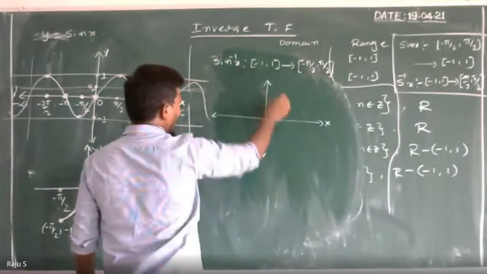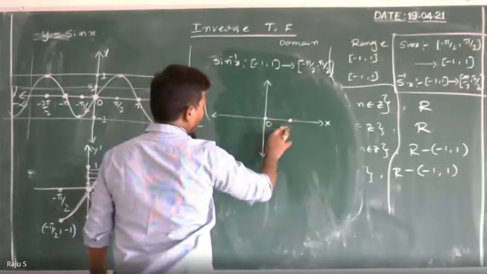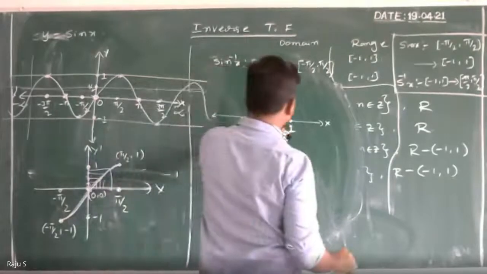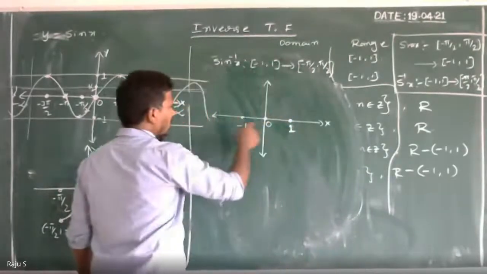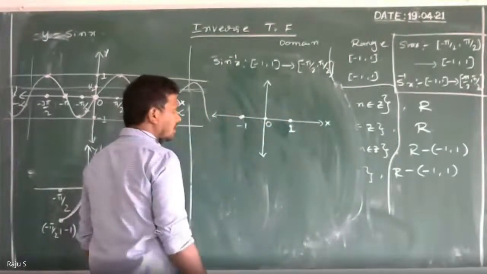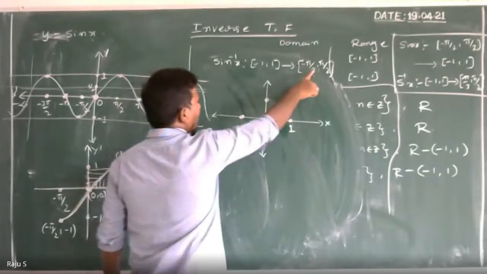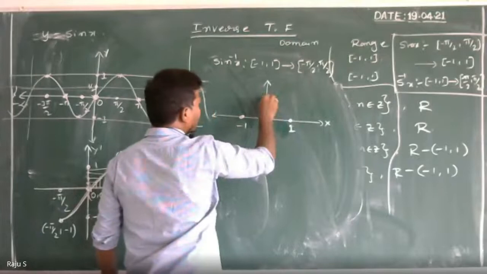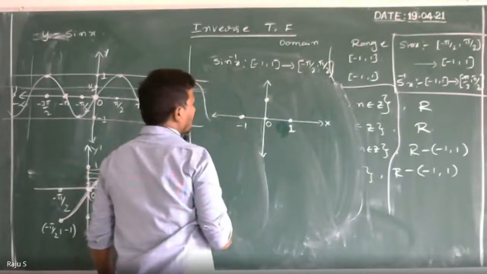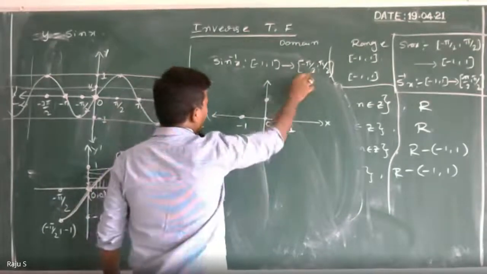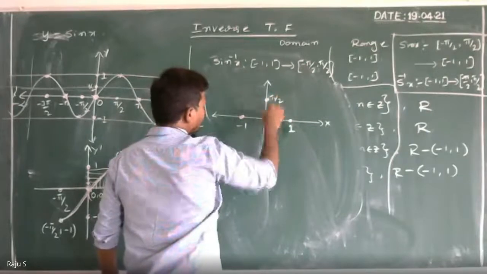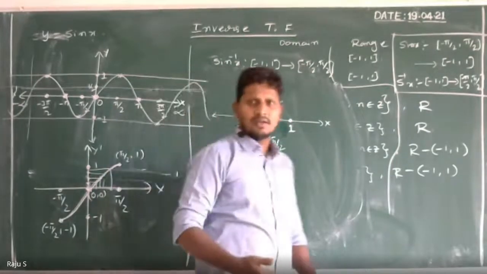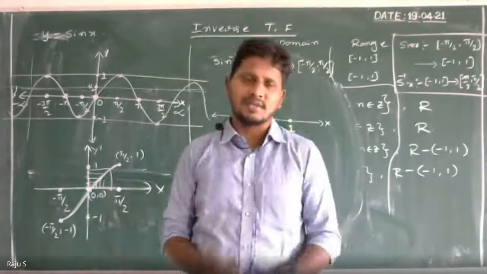So we take the x axis from minus 1 to 1 as the domain, and the range becomes 90 to minus 90, the y values. Simply remember that the x value becomes the y value and the y value becomes the x value.